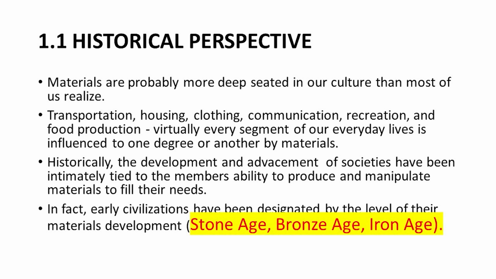Materials are probably more deep-seated in our culture than most of us realize. Material is very important in our life. So that means the Cambridge University thinks material science is a natural science that is equivalent to the mathematics or something.